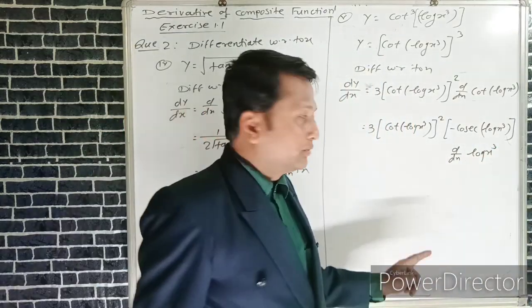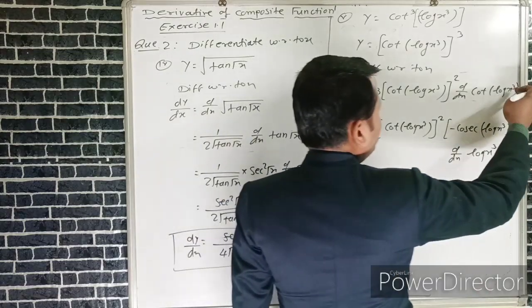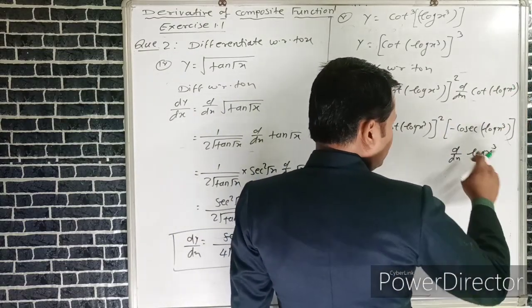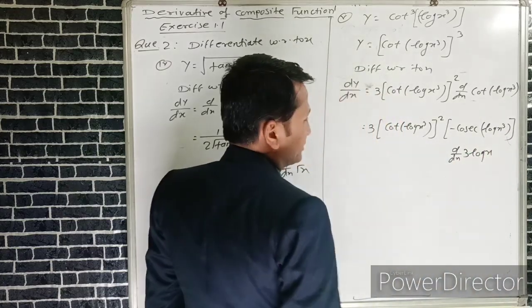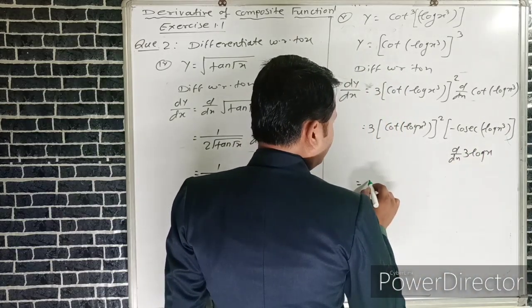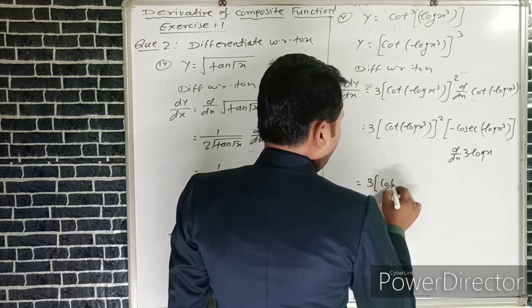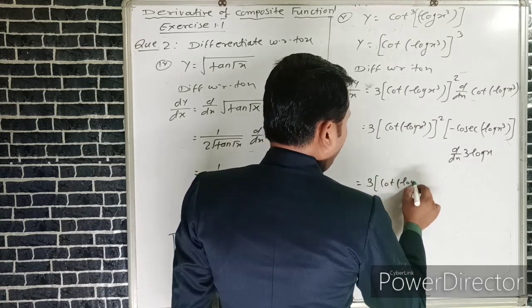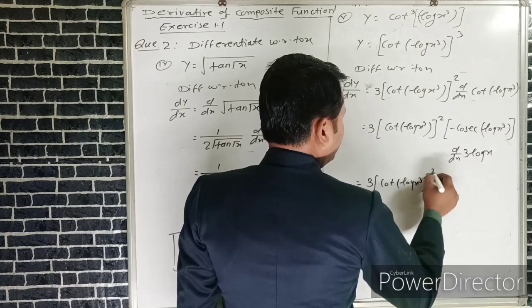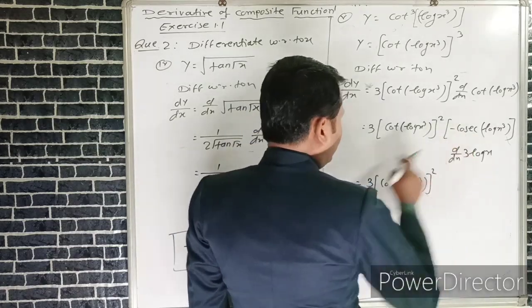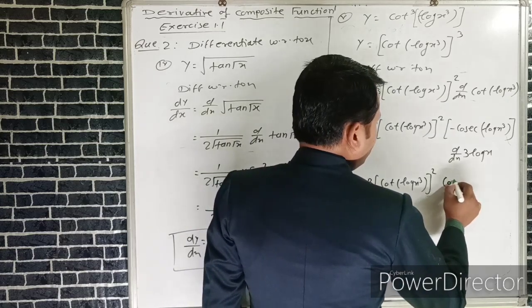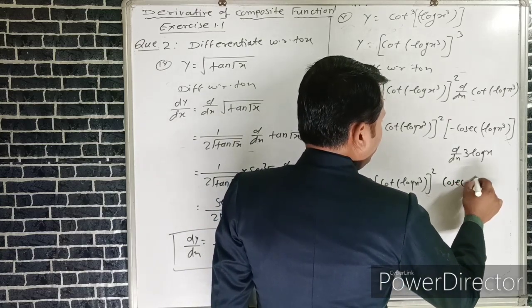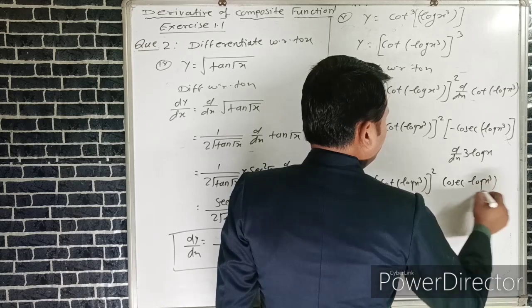This log of x cube we can also write as 3 log of x, hence we directly write log of x cube is 3 log x, and we know that 3 into cot of log of x cube whole bracket square, minus into plus is minus cosec of log of x cube.